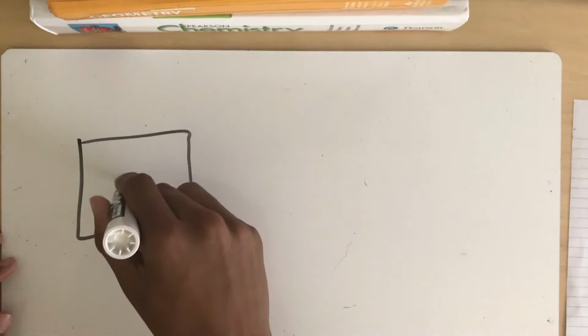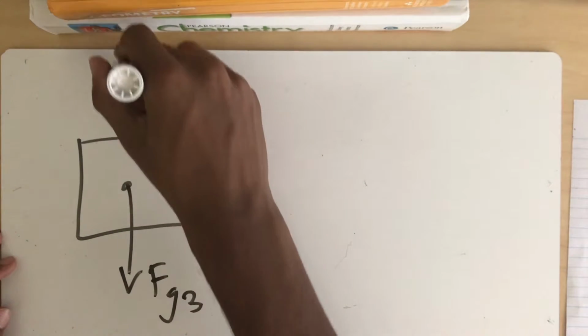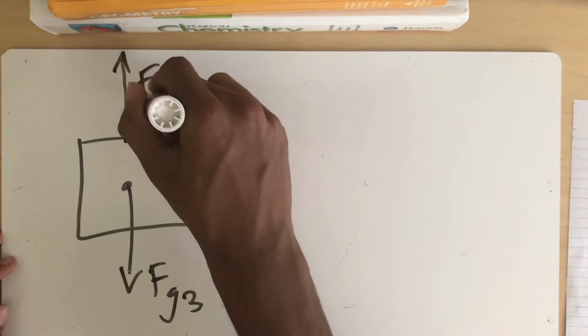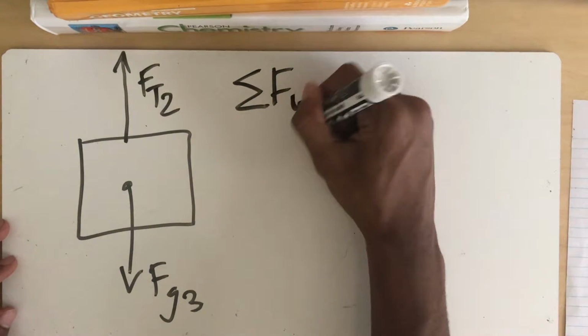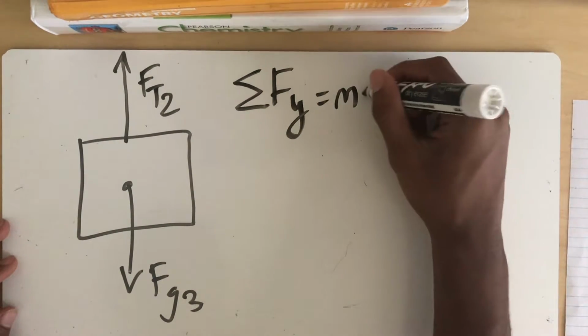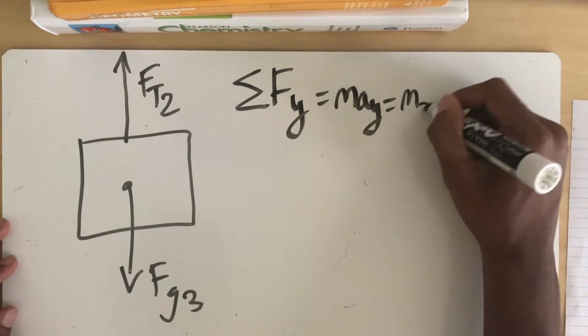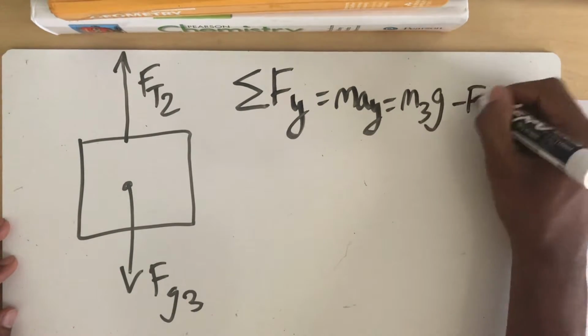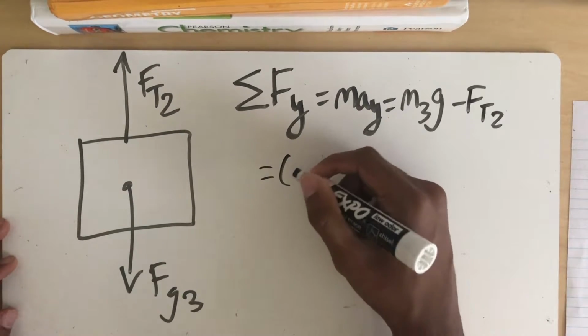So starting off with the free body diagram of the third mass, we're going to have Fg3 going in the downwards direction, and then we're going to have Ft2 going up, and then for a sigma F statement in the y direction, we're going to have mass of the third block times A in the y direction equal to mass of the third block times G minus Ft2.